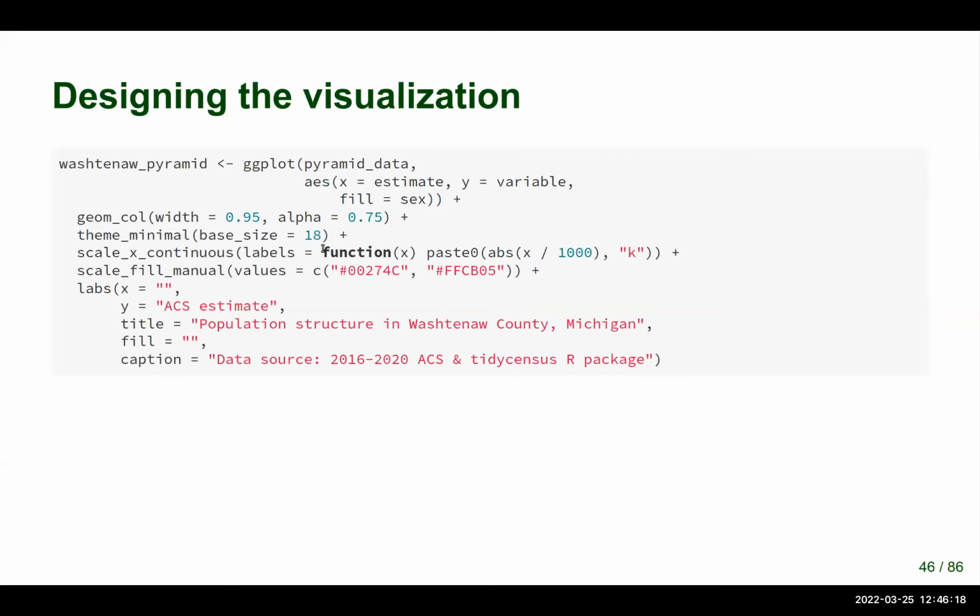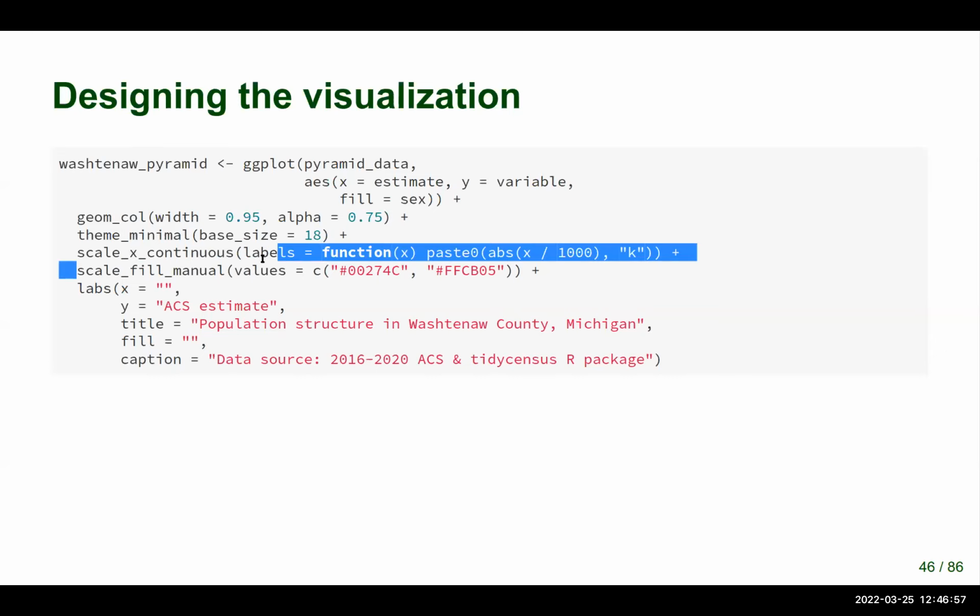It's continuous. I'm specifying a custom label formatter. This is a little bit tricky because you don't want negative numbers on your x-axis. You want to show positive numbers. And so in this particular case, you'll want the actual label to be the absolute value of that number. So you can read this as, for every label x, take the absolute value of whatever that number is divided by 1,000, and then tack on, using the paste0 function, a k to the end of it.